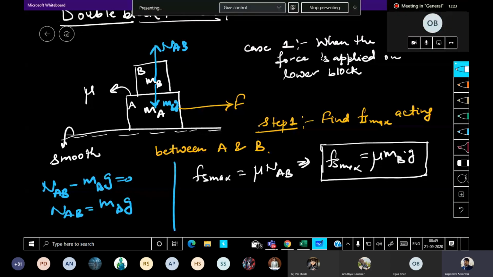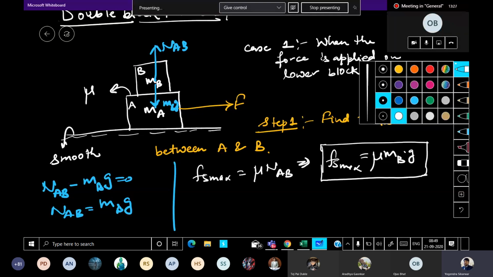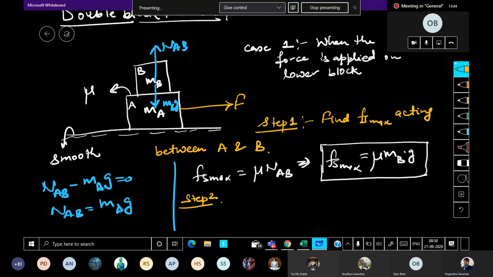So now what we are going to do, using Fs max, find the maximum acceleration of the upper block. So that is step 2. Using Fs max, find maximum acceleration of the upper block.